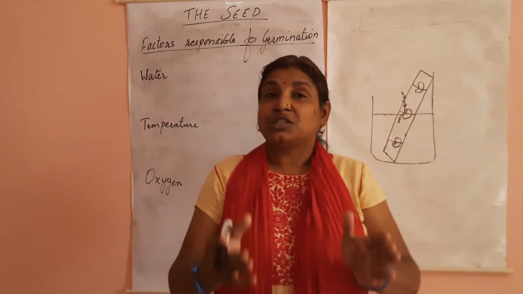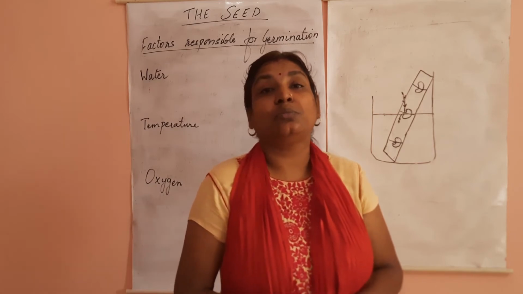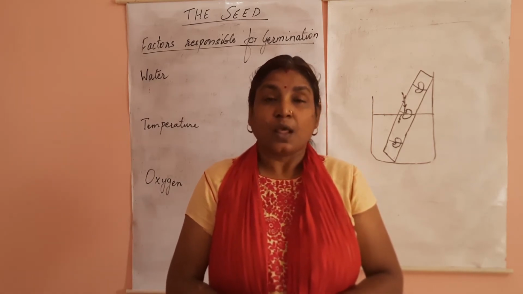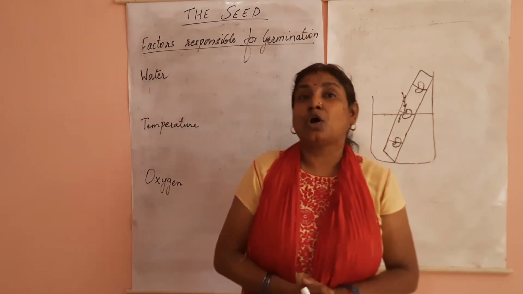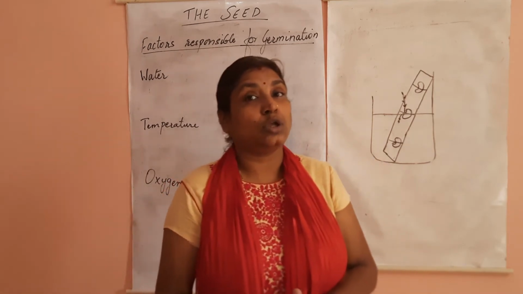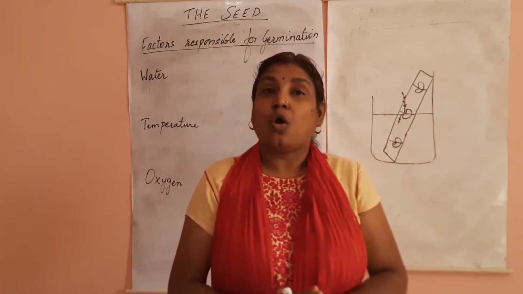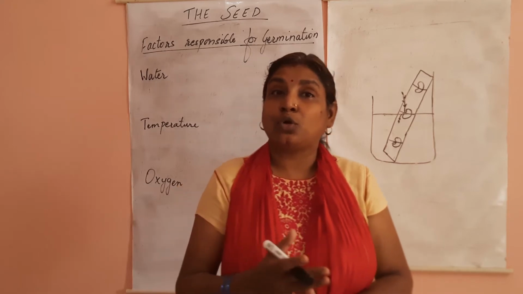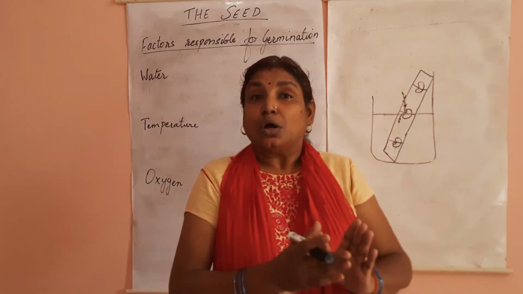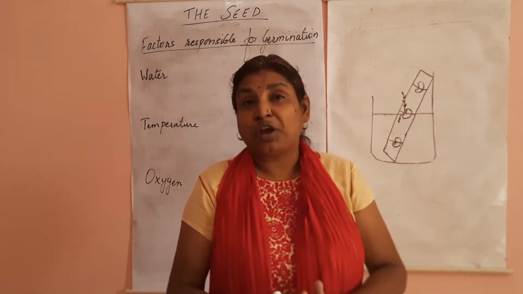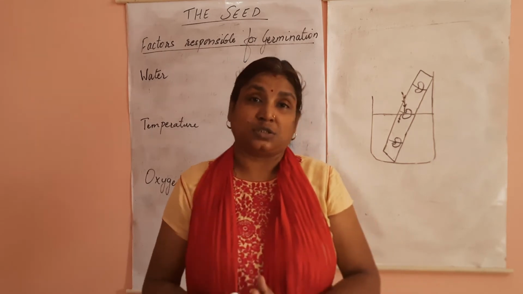Dormancy means a state in which the embryo remains inactive. Now when I say inactive does not mean that no activities are going on inside the seed. All the vital activities are going on inside the seed, but at a very, very slow pace.